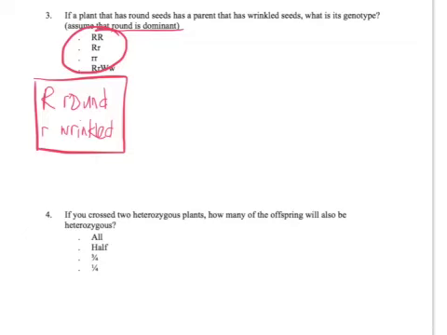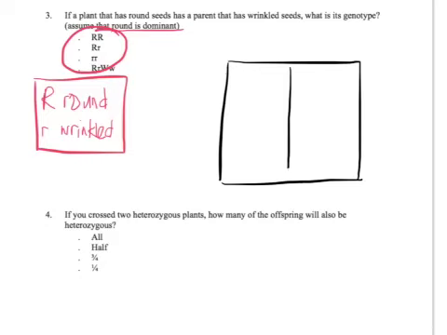One of the parents, obviously when you make a Punnett square, we need two parents. We'll need one over here, and we already know something, that one of them, let's make the R blue, is wrinkled. For a parent to be wrinkled when round is dominant, there is only one way that it can happen.